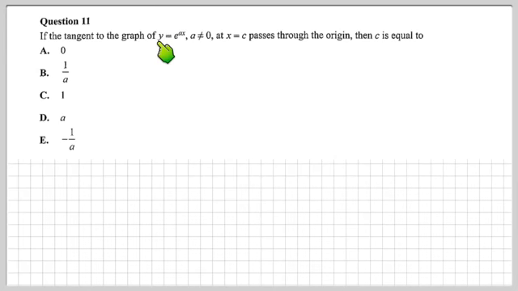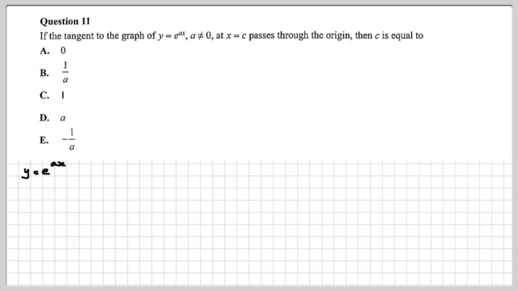So I would start by taking the derivative and then substituting x as c, because that's the gradient of the curve when x is c, and it will also be the gradient of the tangent. Let's just do that first and see where that takes us.